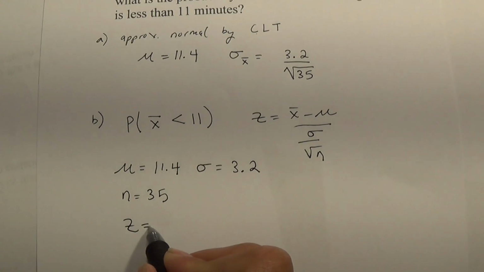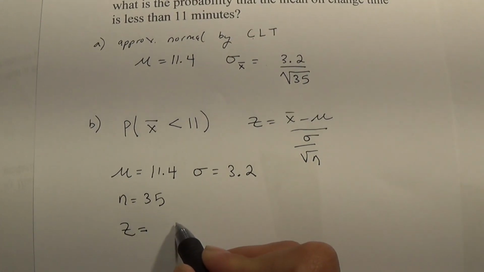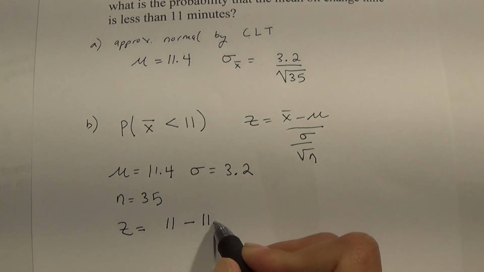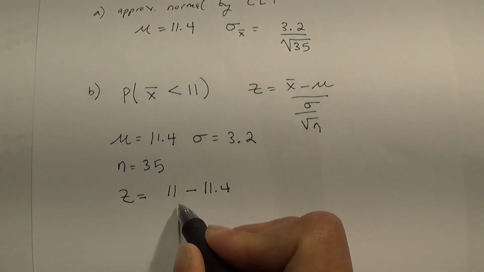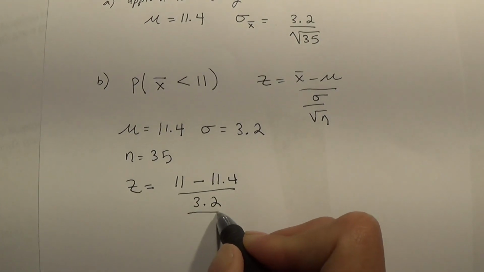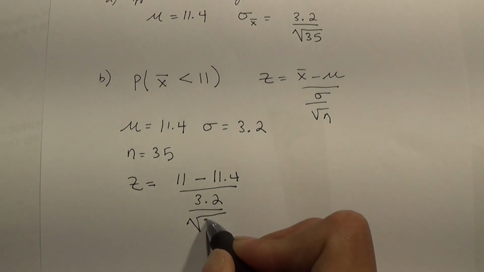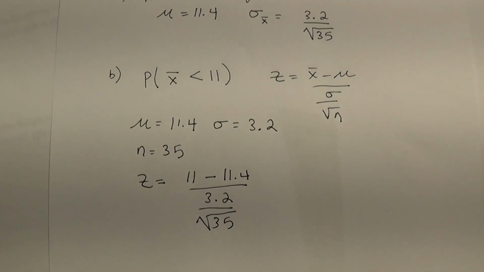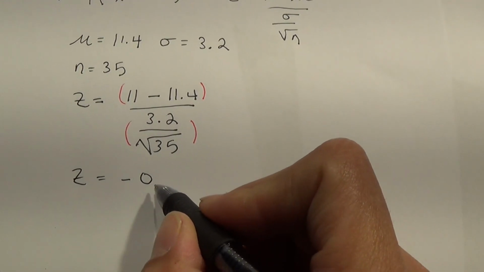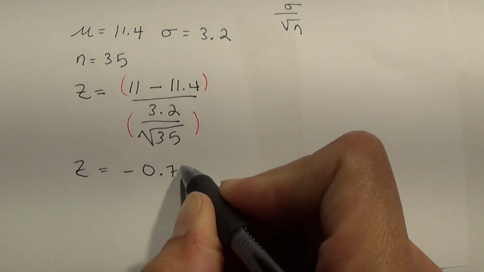Z is equal to 11 minus 11.4 divided by 3.2 over the square root of 35. So our Z is negative 0.74.